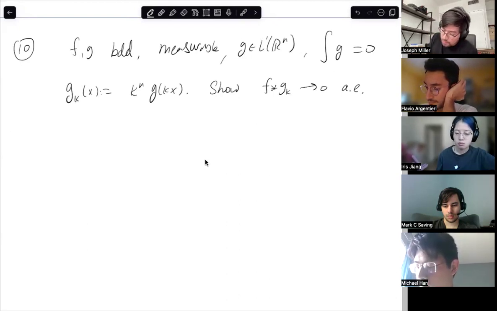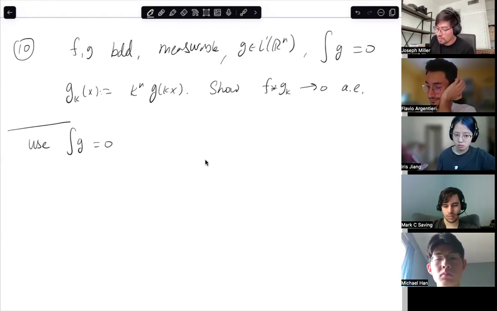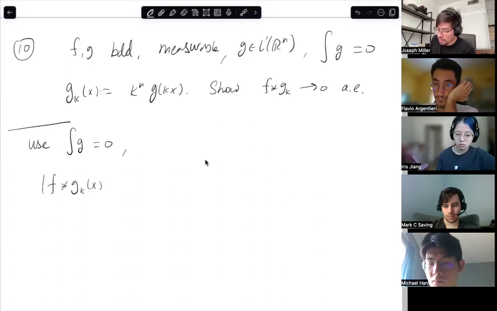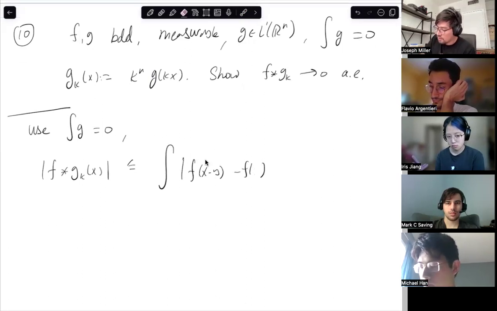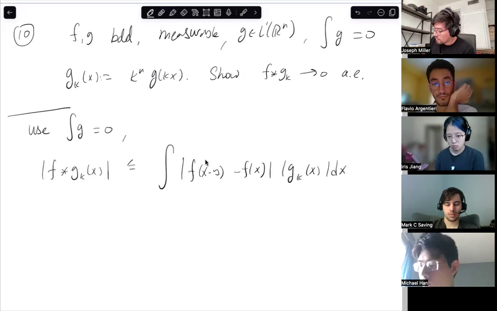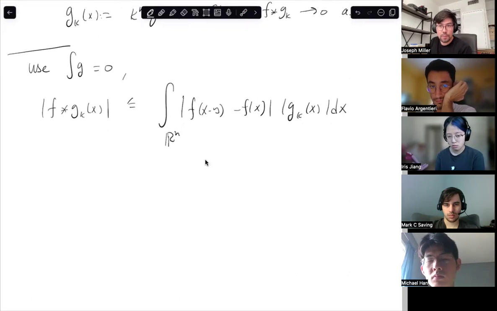Okay, and so the way we end up doing this is, you can use this little trick: since the integral of this guy is 0, I can rewrite the absolute value of f convoluted with gk at x as being, after I apply the triangle inequality, the integral over Rn of f of x minus y minus f of x, times gk of y, dy. And I think what I did last time is I split after this point, right?